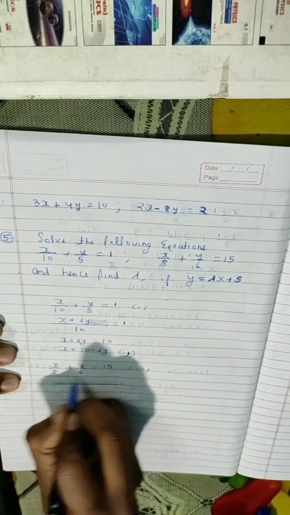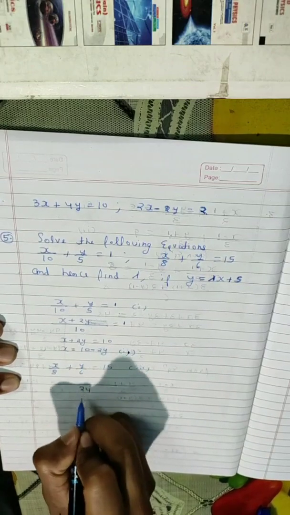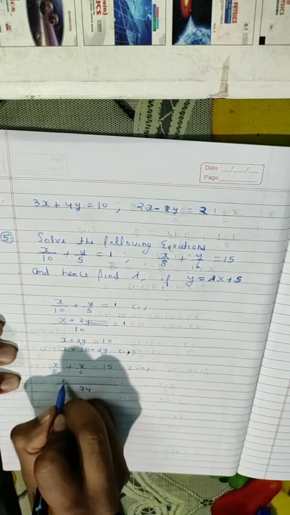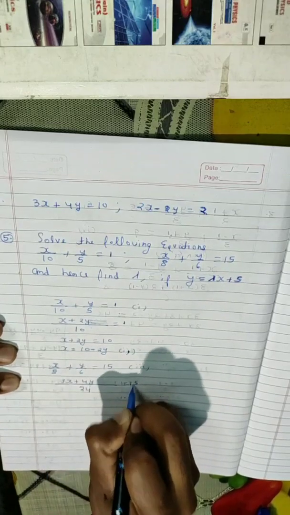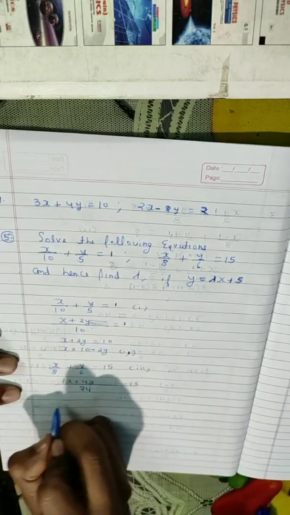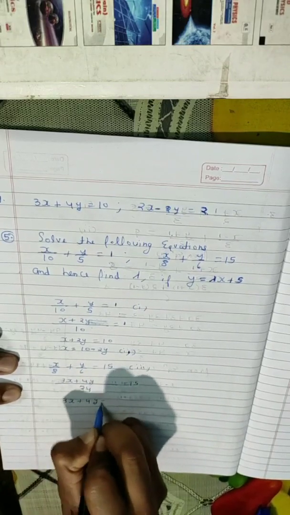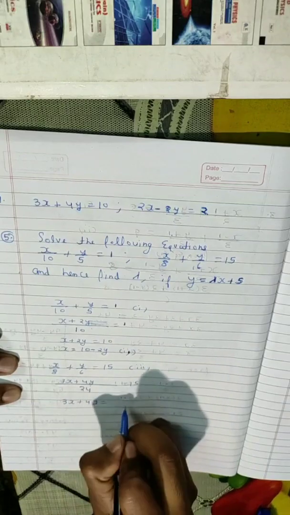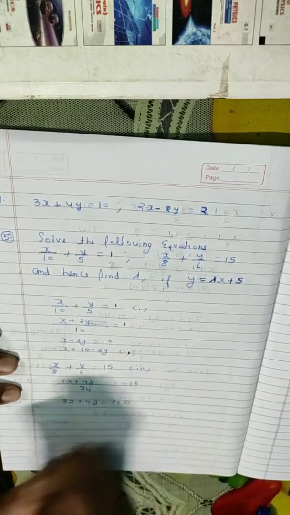Now taking the LCM of 8 and 6, which is 24, it will be 3x plus 4y is equals to 15 into 24, so 3x plus 4y is equals to 360.